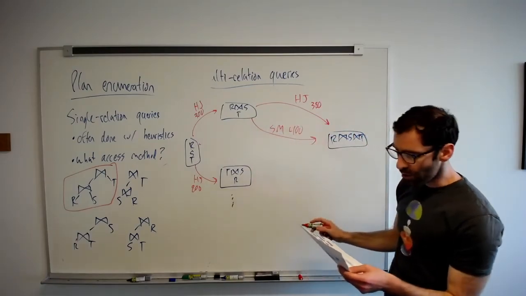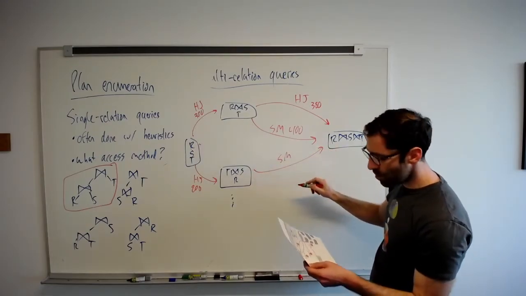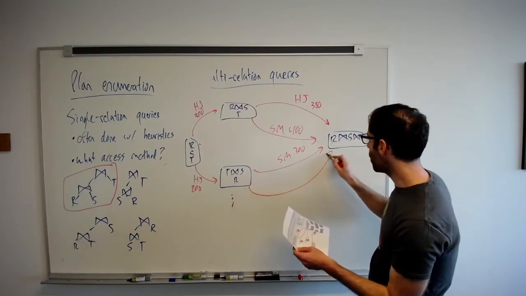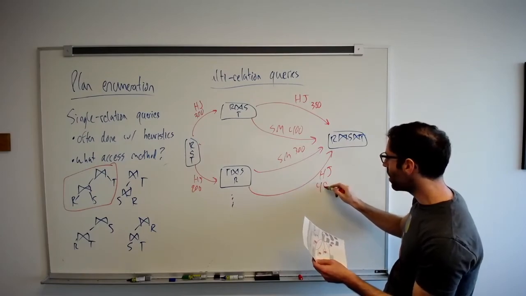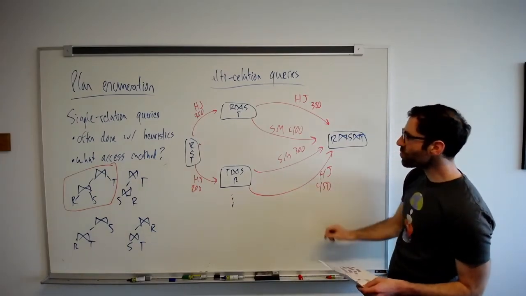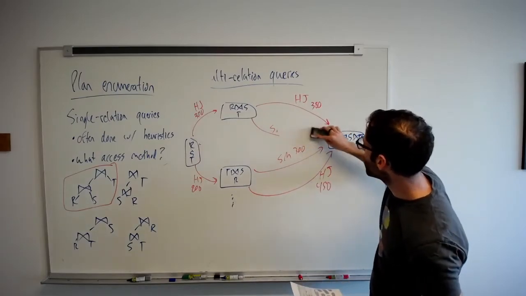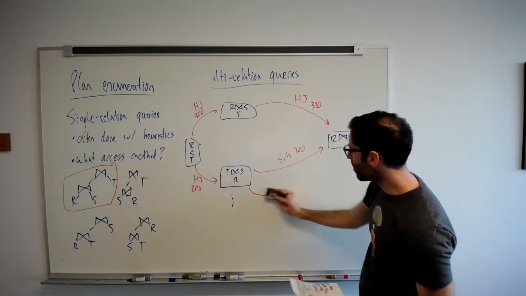Pretty slow, costs 400. This one, sort merge, costs 300. And here our hash join is actually not so good. It's 450. And so between these two, hash join is better. Between these two, sort merge join is better.